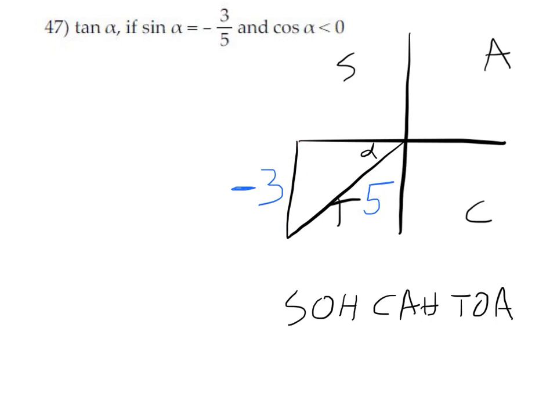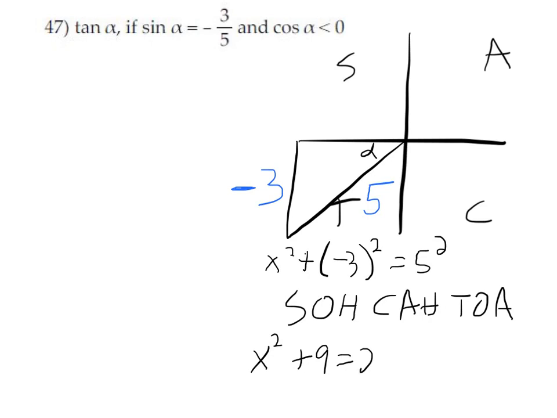Okay, now we have to figure out the third piece of this right triangle. We have x squared plus negative 3 squared equals 5 squared. That would be x squared plus 9 equals 25, giving us x squared equals 16, so x is 4.